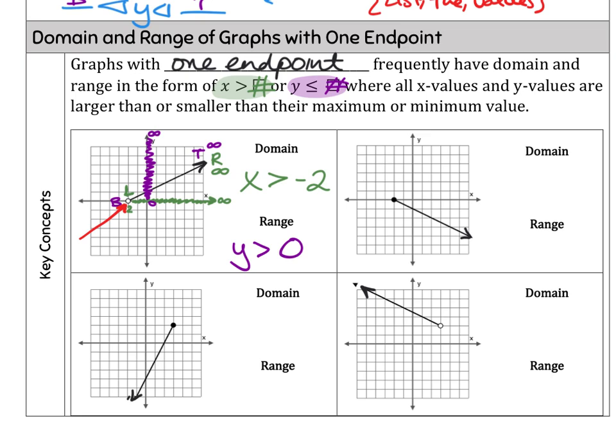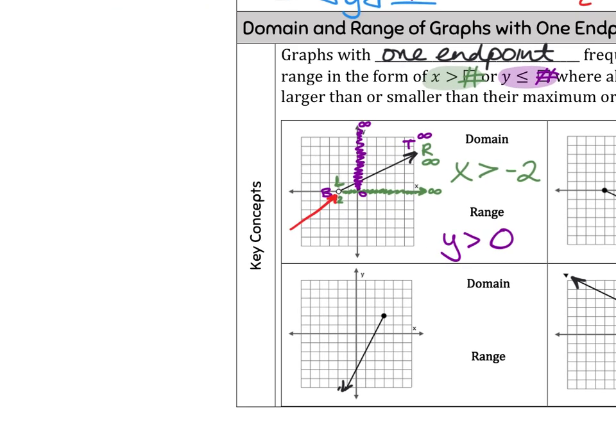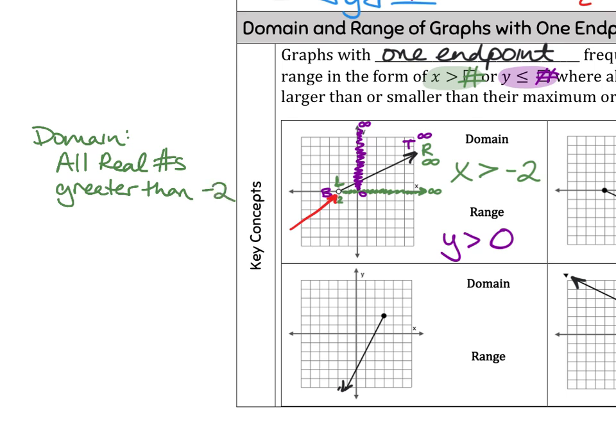Now let's talk about how to write that domain and range in words, because that's going to be important for us. If we're writing the domain of this in words, the verbal description here would be all real numbers, that part's always the same, that are greater than, not equal to, -2. That's what this math sentence right here says.